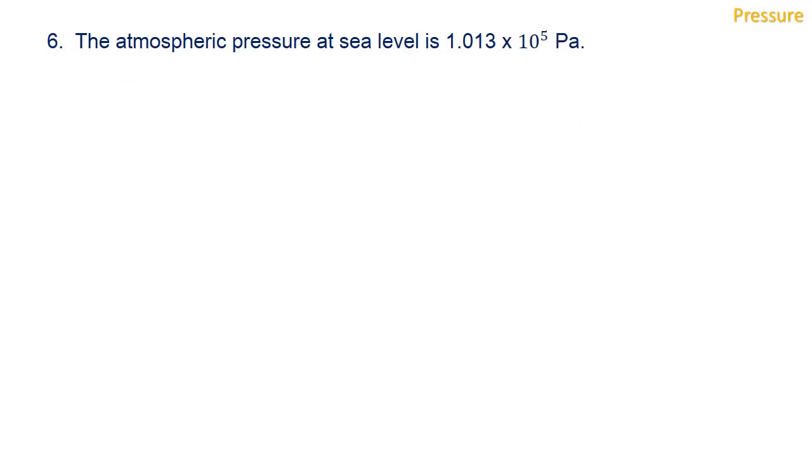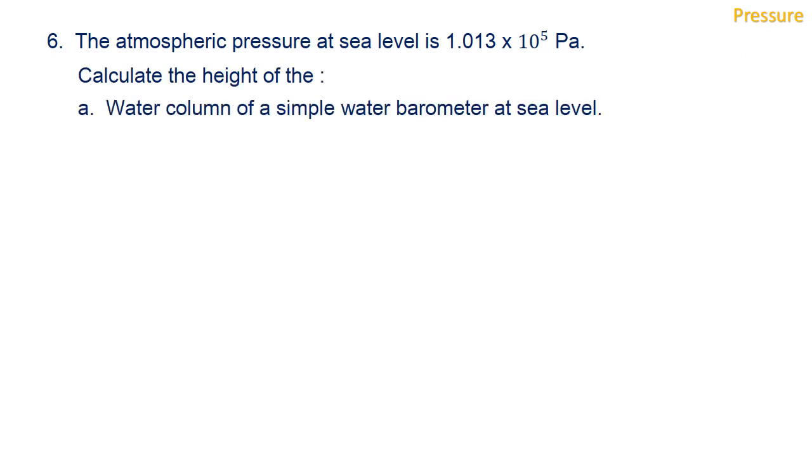The atmospheric pressure at sea level is 1.013 times 10 to the power of 5 Pascal. Calculate the height of the water column of a simple water barometer at sea level.